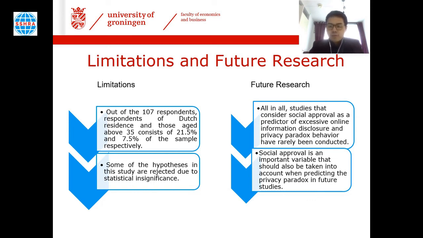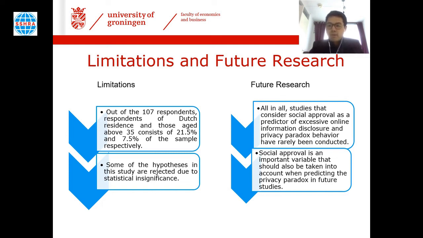For future research, firstly, I would like to mention that studies that consider social approval have rarely been conducted, and with the findings of this study predicting that social approval does indeed predict excessive online disclosure, social approval is an important variable that should also be taken into account when other researchers want to predict the privacy paradox in future studies.